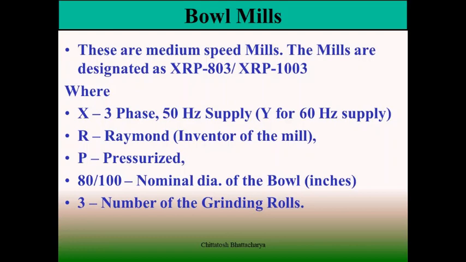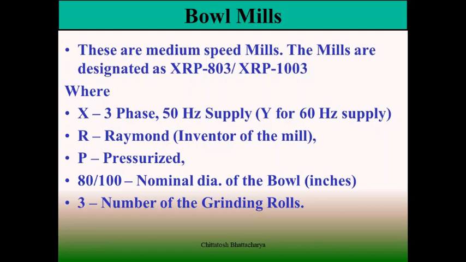The bowl mills may be suction type or pressurized type. Mostly pressurized types are used. Their nomenclature may be XRP or SRP. X means 3-phase 50 Hz supply, Y is for 60 Hz supply, R means Raymond, P is pressurized, and S is for suction type arrangement.